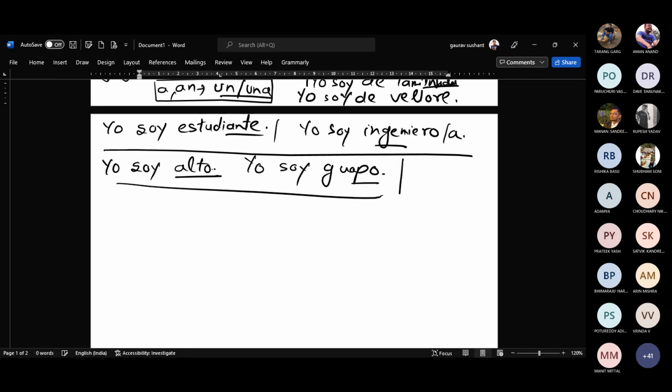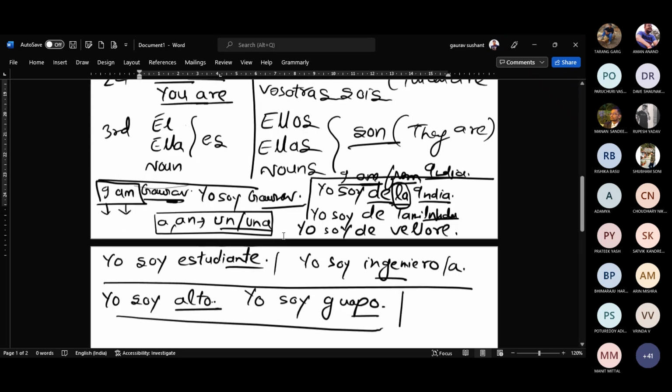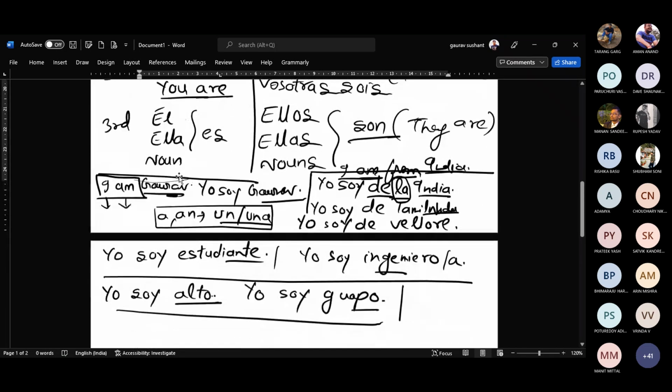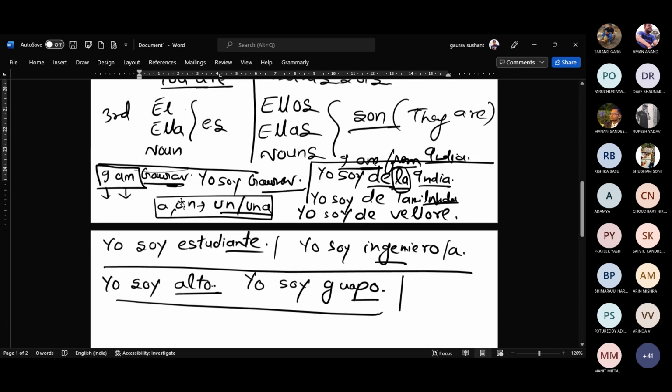This can be used for another person also. I have just given an example using yo, which is I. You can use it for some other person also, like he: he is Gaurav, he is a student, or he is an engineer, he is from India. The same way you can use it.